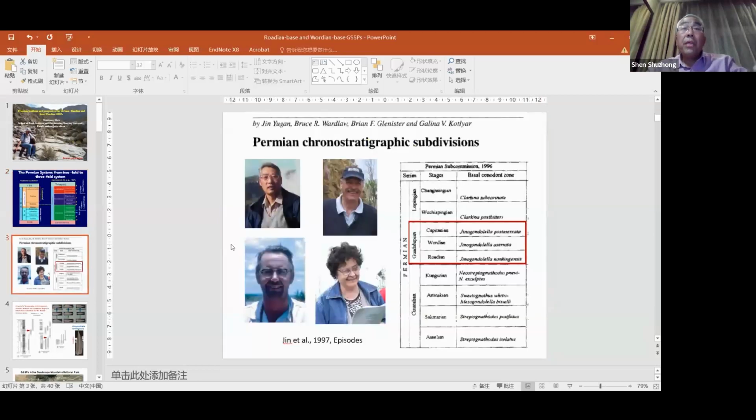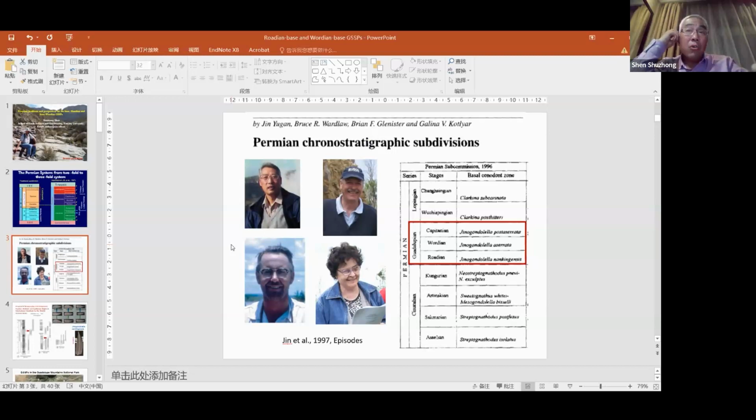So at the end of the last century, the Permian Subcommission leaders reached a compromise: the Permian system should be divided into three parts. The lower part is called Cisuralian, the middle part is Guadalupian, and the upper part is called Lopingian.